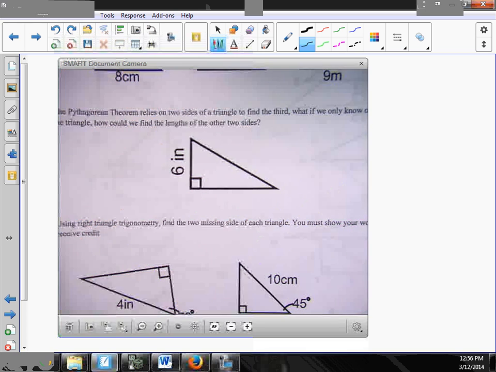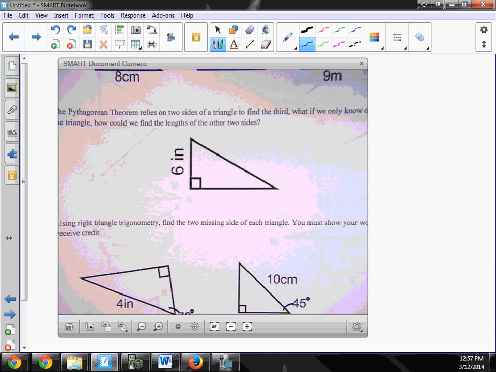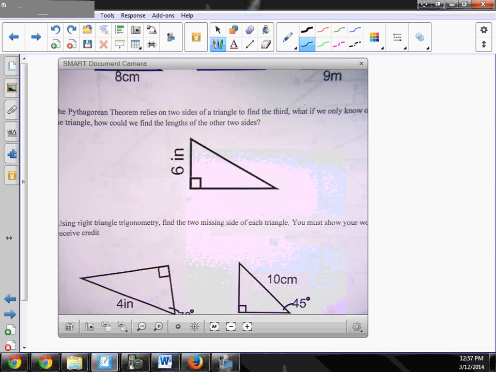So what if we're given a right triangle with only one side length? Can we find the other side lengths? Well, we know it's a right triangle. What could we use to find the other two sides?